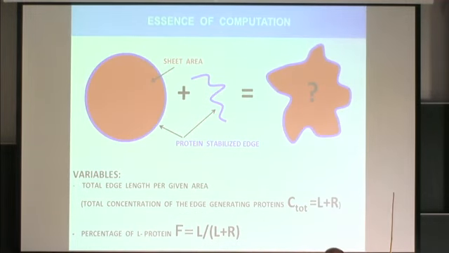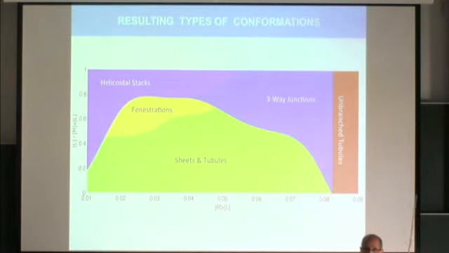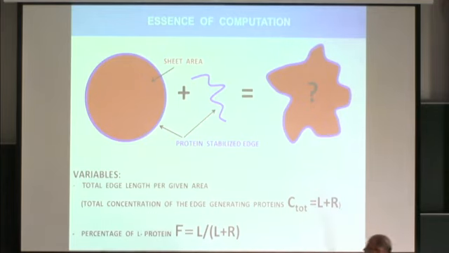So what we got then is the following. We generated a phase diagram which tells us what will be the shape of elements of the endoplasmic reticulum depending on two parameters: the total amount of the edge generating proteins per unit length of the edge, and the ratio between the proteins which generate negative curvature of the edge line and positive curvature of the edge line.